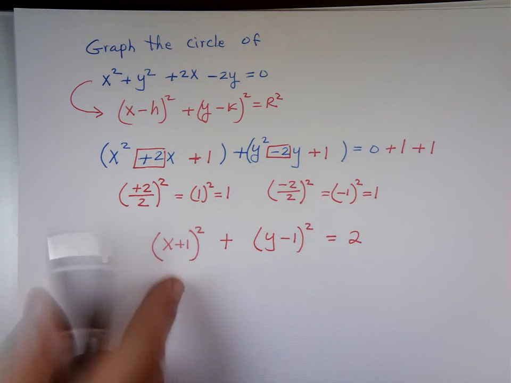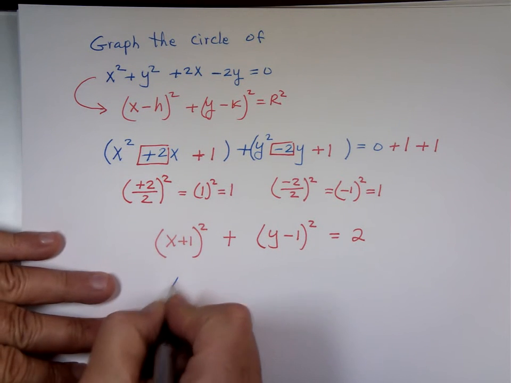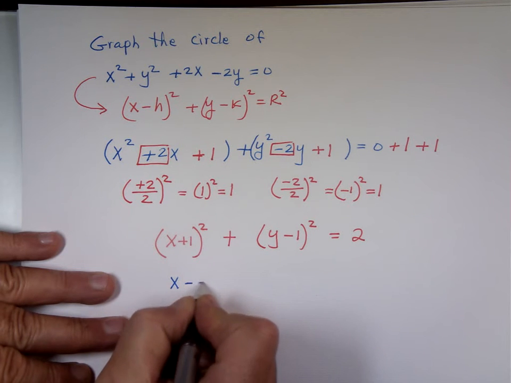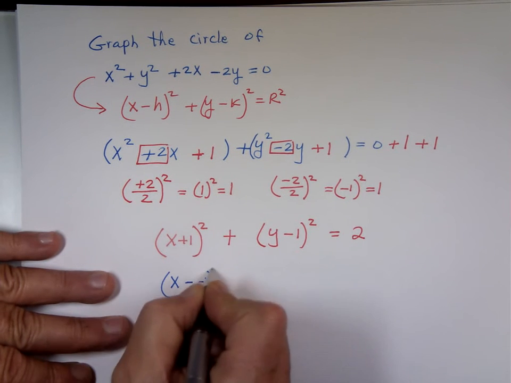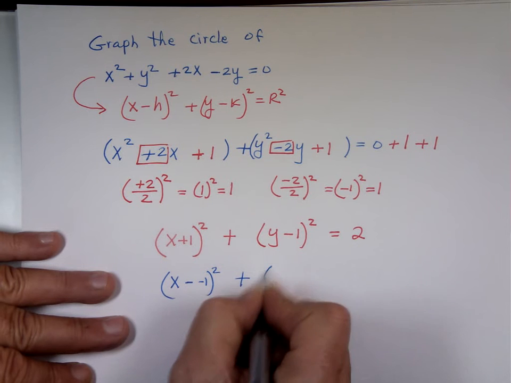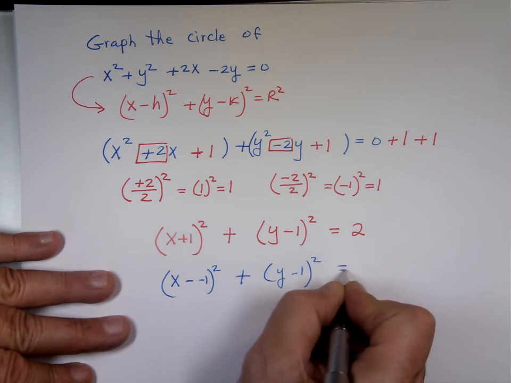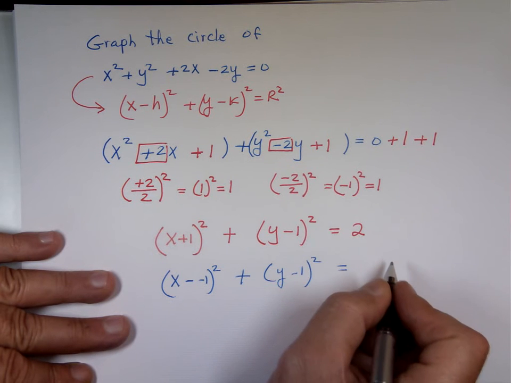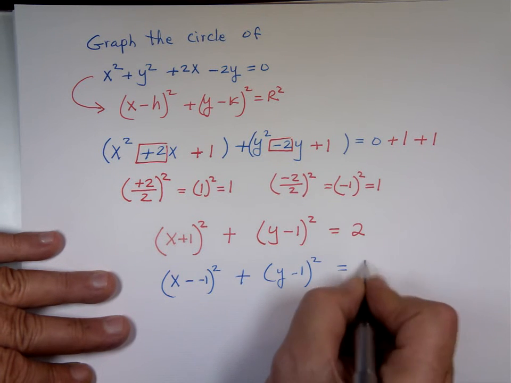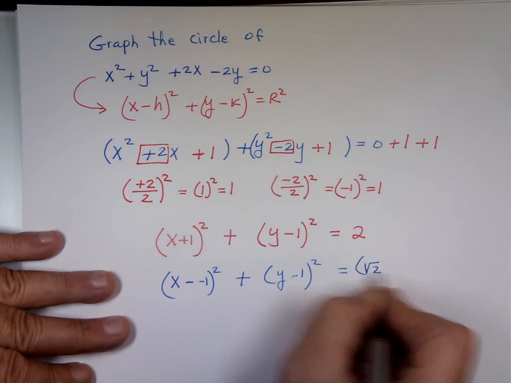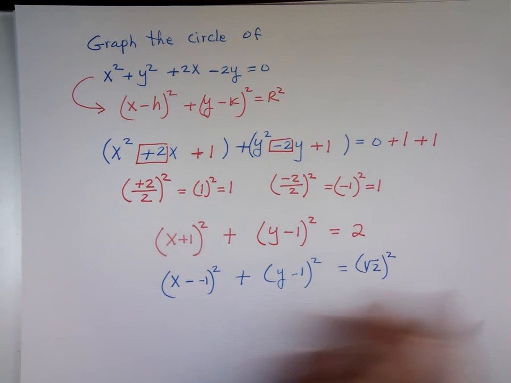So that would be x minus a negative 1 squared. y minus 1 squared equals, well, it's supposed to be something squared here. Isn't that the square root of 2 squared? If you take a square root and you square it, you lose the square root sign.